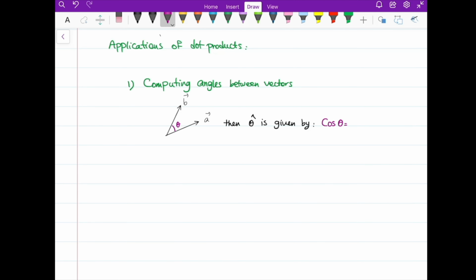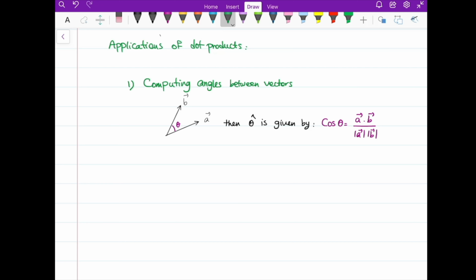Cosine of theta would be A dot B divided by the length of A times the length of B. So all I need to do is find the dot product, which is just a number, find the length of A, multiply by the length of B, and find the fraction. It would give me the cosine of theta.